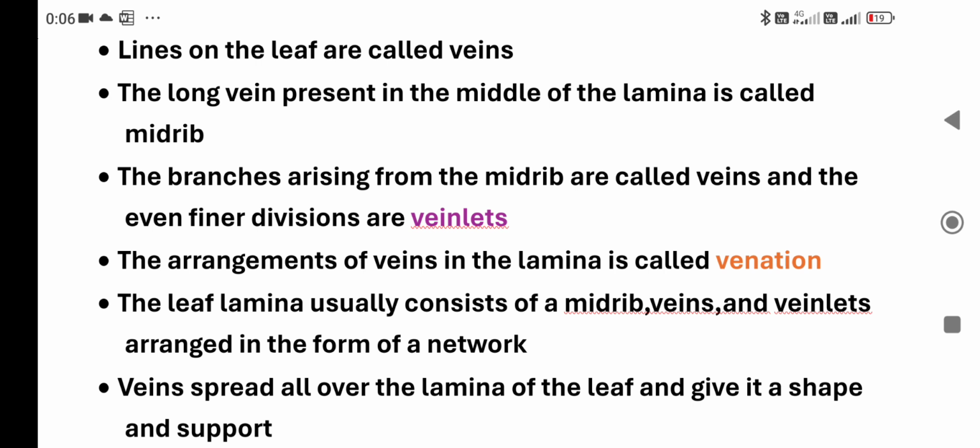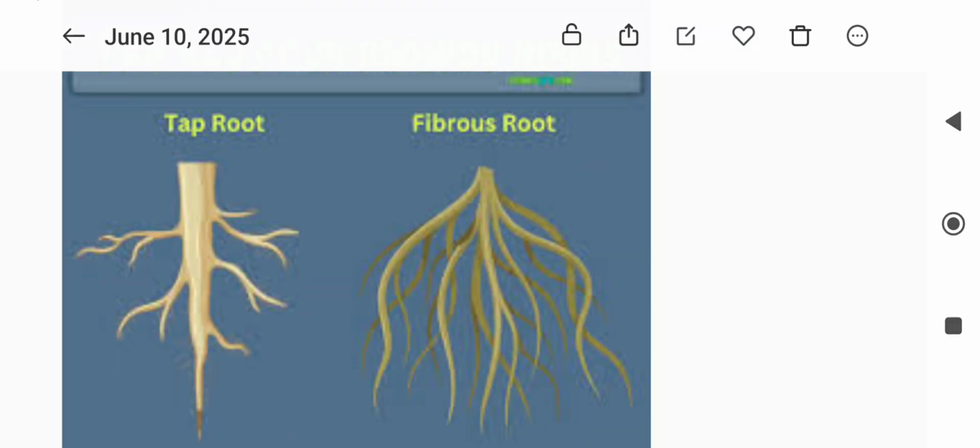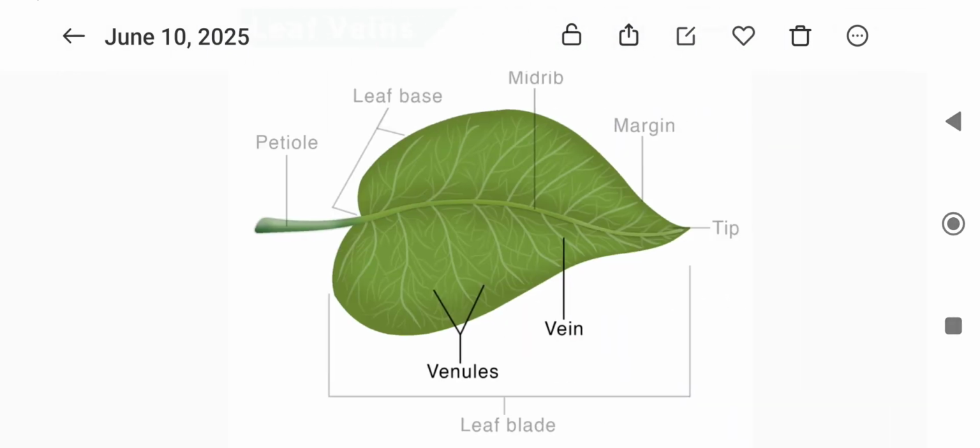First, you should know what lamina is. Whatever area the leaf has, that area is known as lamina. If you observe this image carefully, the greenish area in the leaf is known as lamina.